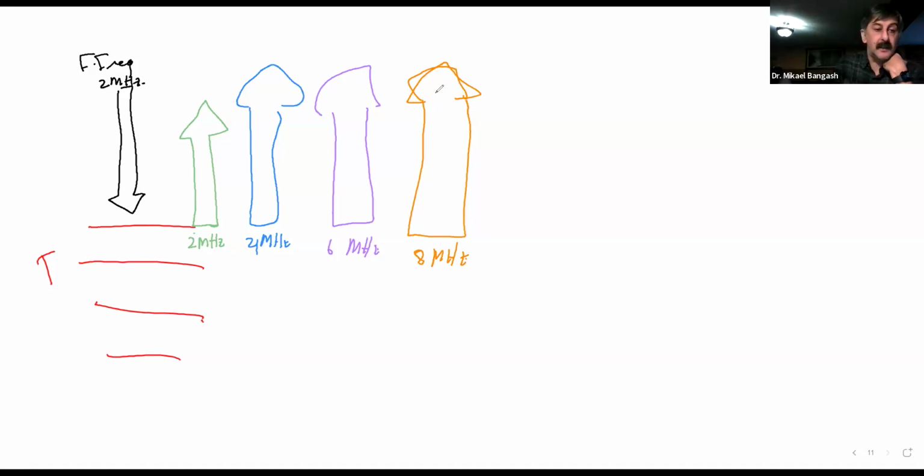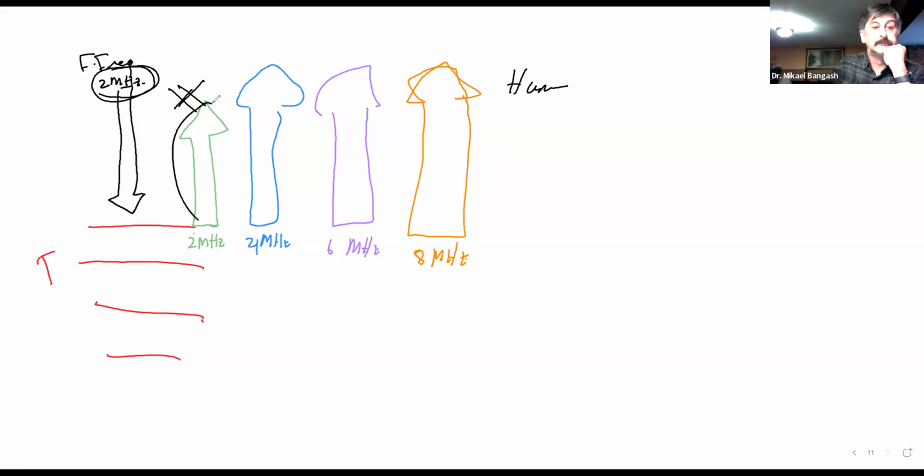Now, since we had a fundamental frequency of 2 megahertz, but we have the function of harmonics on, what the system will do is eliminate or discard the recordings produced by this frequency.